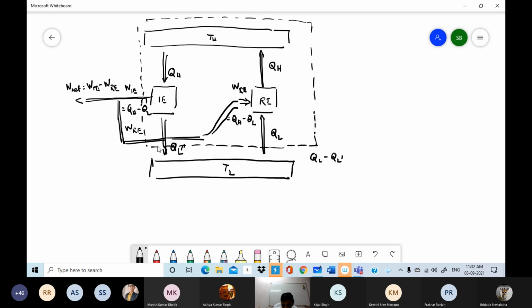So this is a device which works in a cycle, and all it does is draw certain amount of Q, because QL minus QL prime is positive. So a certain amount of Q is transferred from the reservoir to the engine, and all it does is produce work equivalent of that Q.